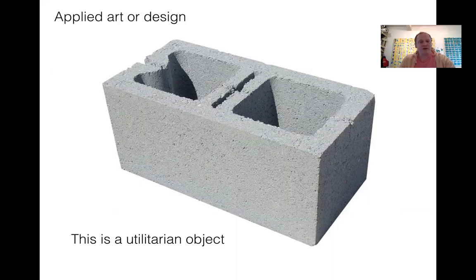It's really hard to think of objects that are utilitarian and not having some degree of artistic or fine art consideration. This cinder block is one of the few things I can think of that hasn't had consideration for color, for example. It just is what it is, and it's purely functional. Most of the objects around you have had things like color or shape selected for, so there's aesthetic consideration.